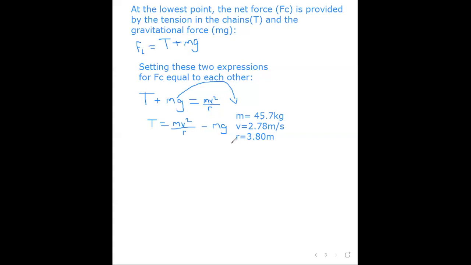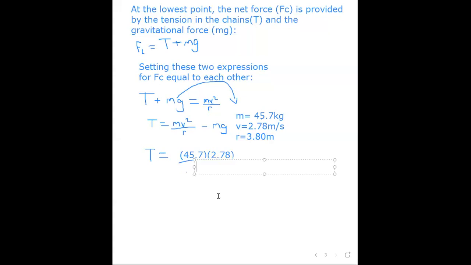So let's write tension is equal to the mass, in this case 45.7, times 2.78, and that is going to be divided by 3.8 meters.